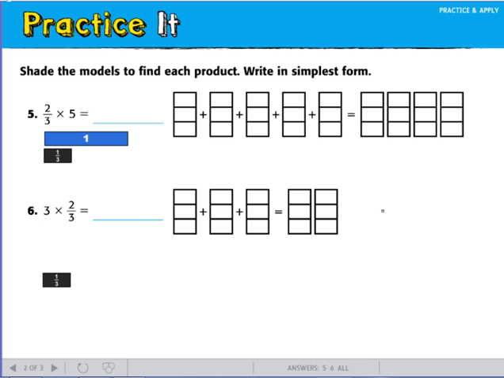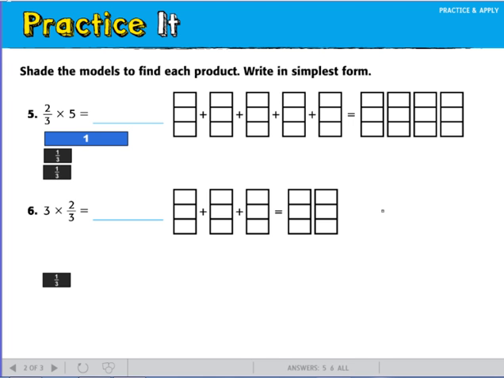So how many 2/3 do I need? 5. I need 5 2/3, right? So this is 1/3. How many of the 1/3 tiles do I need to make 2/3? I need 2. So if I put these 2 together, that's 2/3.